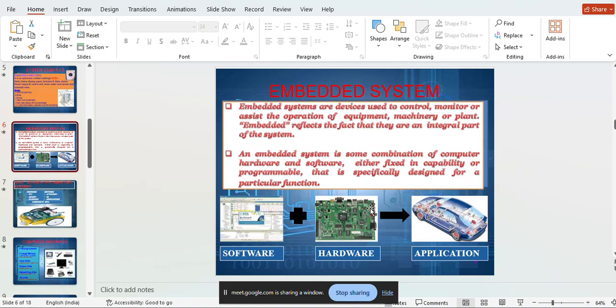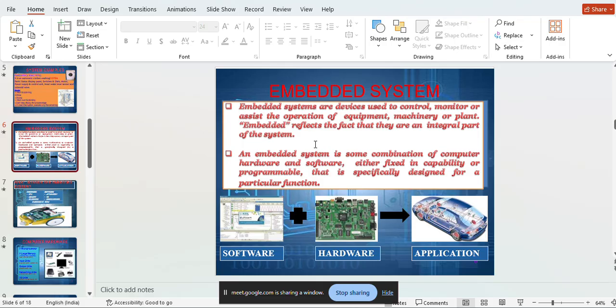Now write down this definition: what type of devices are embedded systems? Embedded systems are the devices used to control, monitor or assist the operation of equipment, machinery or plant.